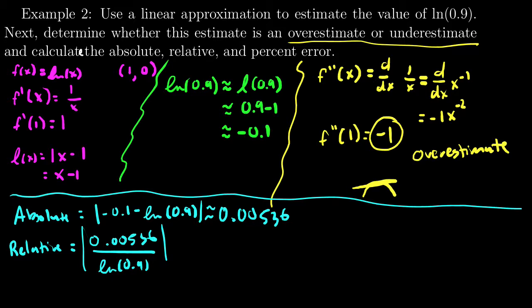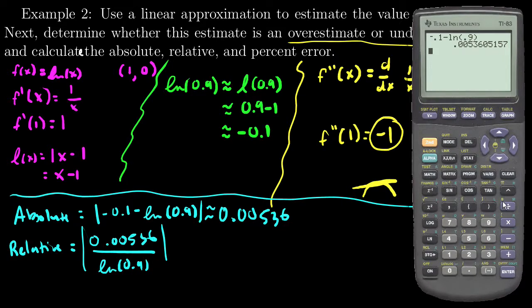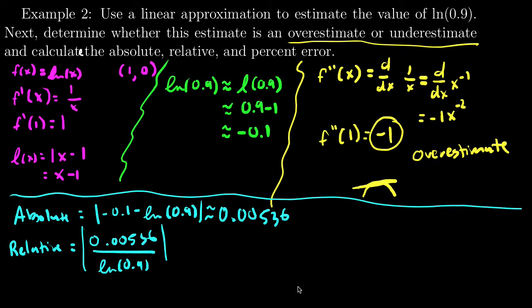So let me go to my calculator and do that. So divided by the natural log of 0.9, and I'll just drop the negative sign, so I get 0.0509.